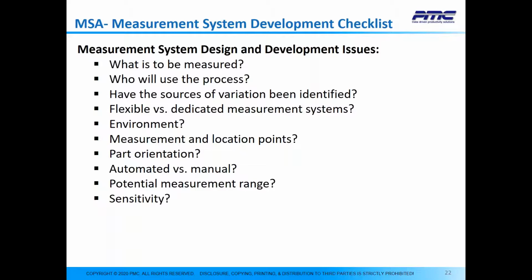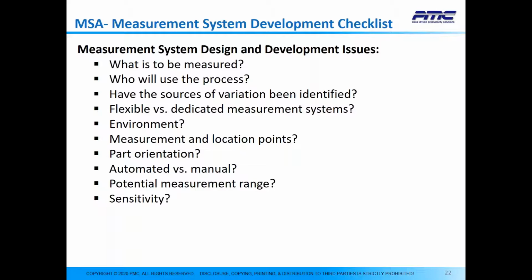Is training required? Have the sources of variation been identified? Has an FMEA, failure mode and effects analysis, been developed for the measurement system? Flexible versus dedicated measurement systems? Contact versus non-contact environment is important or not?